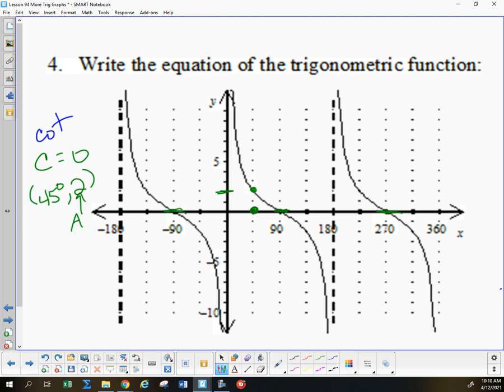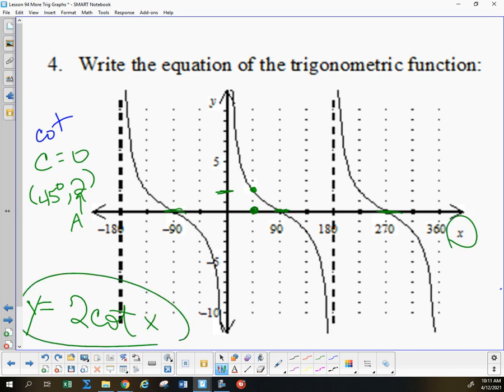So I put it together. Y equals 0 plus 2 cotangent x. It'll get harder in future lessons where we have had more of the shifts and other changes and things. Questions from anybody? All right, you guys all give it a try here.